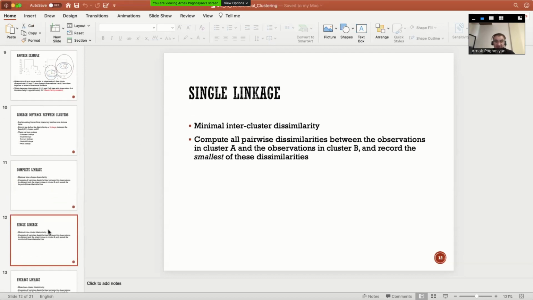Then we have single linkage. Single linkage is giving us the minimal intercluster dissimilarity. So again, computing all pairwise dissimilarities between the observations in cluster A and the observations in cluster B, and record the smallest of these dissimilarities. So maybe for some kinds of problems you need the smallest, for some kinds of problems you need the biggest.